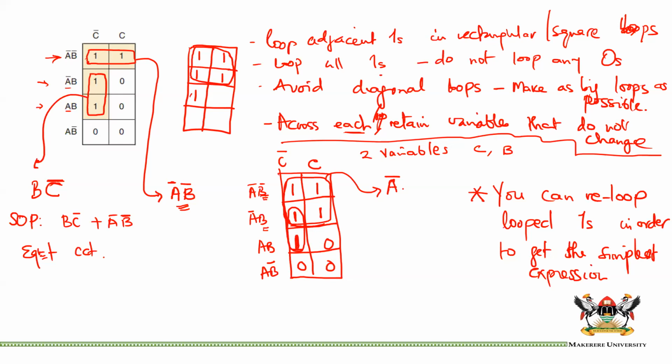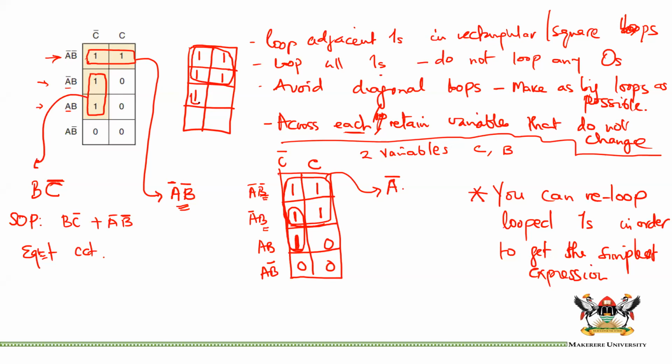But at least we should make sure that we don't create a loop of all ones that are already looped. At least one of them should be unlooped. Now, we can actually loop 1 with 7 already looped ones. That would be okay. In other words, when you have a scenario like this, you should make sure that you don't group this one alone. These loops do not have to be mutually exclusive.